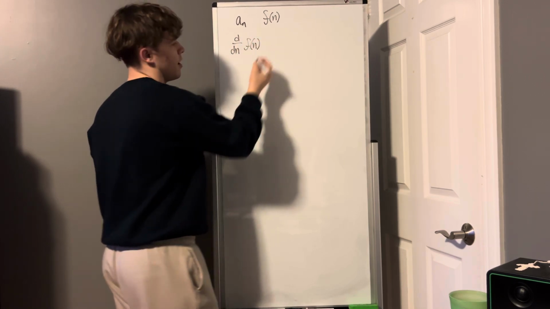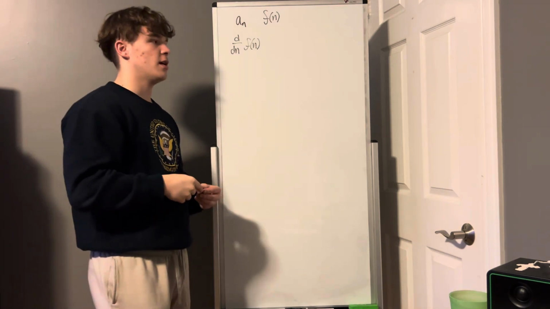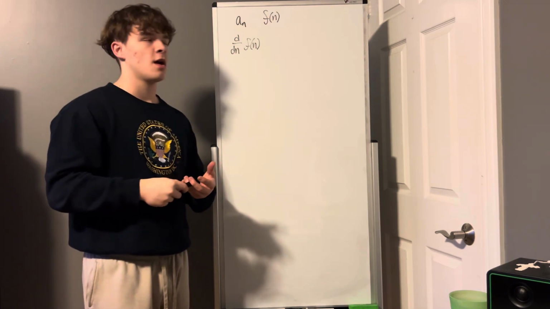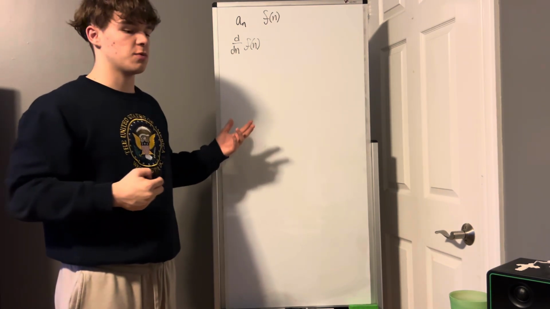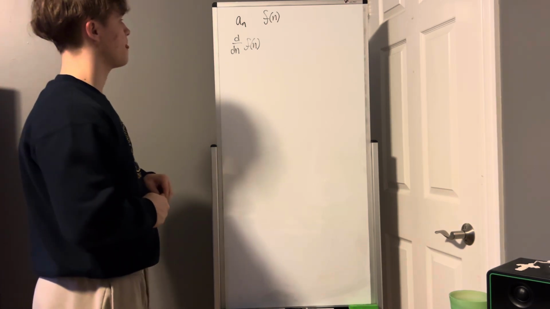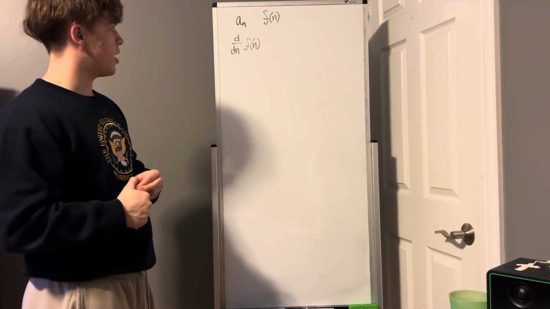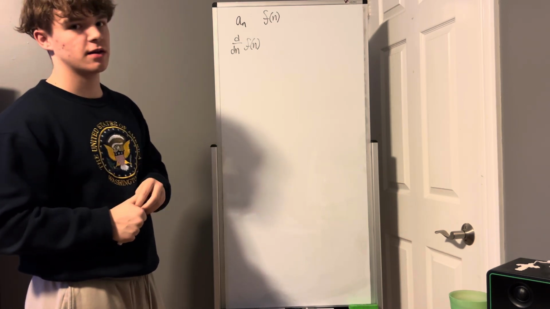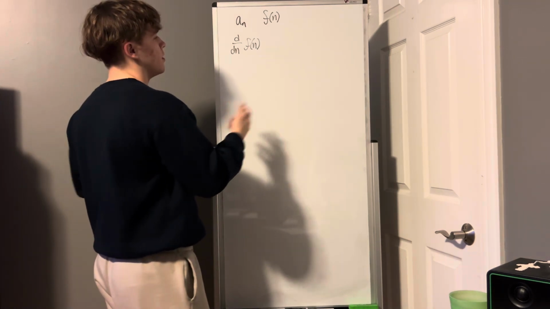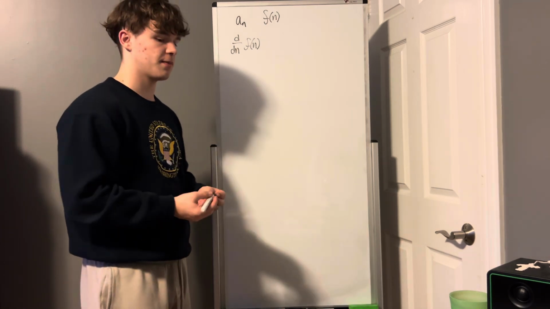If this is a constant or some function that never crosses the x-axis, we know that this sequence will have to be monotonic because there are no critical points for it. That basically means the sequence isn't going to change direction, so it's just going to increase or decrease.